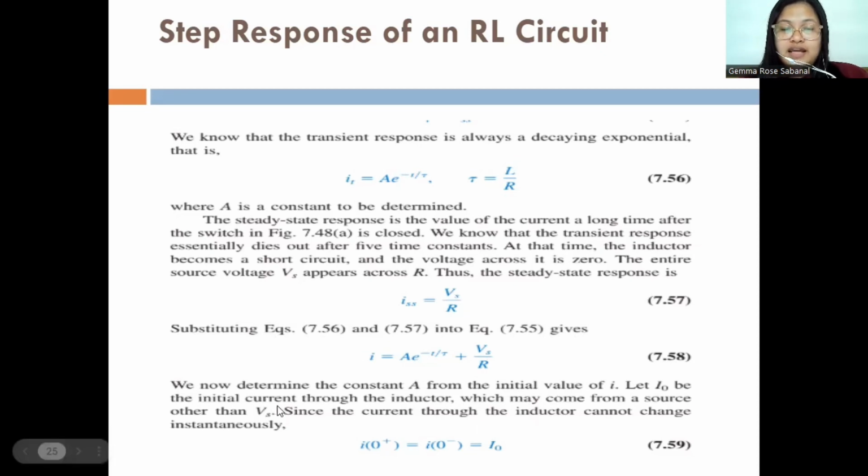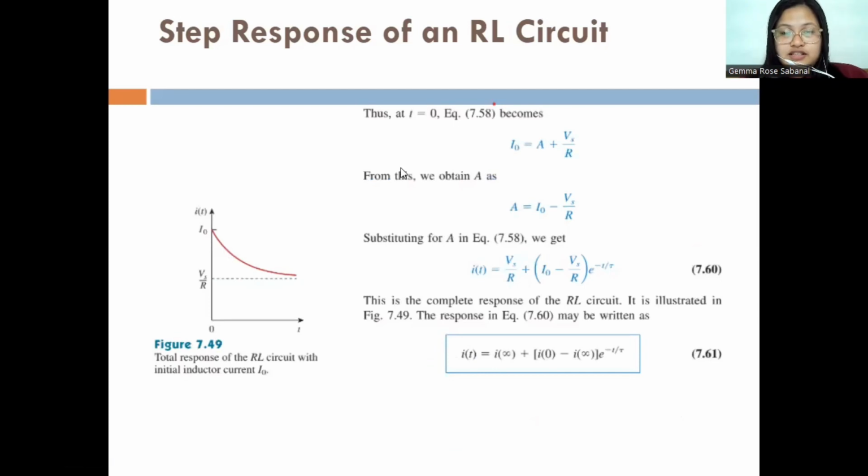Let I0 be the initial current through the inductor, which may come from a source other than the voltage source Vs. Since the current through the inductor cannot change instantaneously, we get this formula. Thus, at t equal to 0, equation 7.58 becomes this equation. From this, we obtain A as this equation.